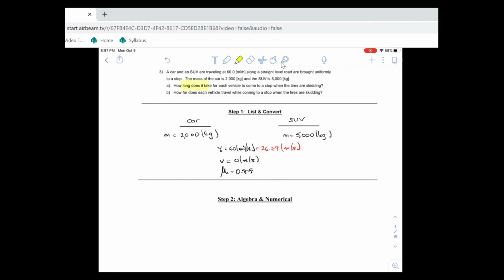This is time, and this is how far. For both of them, A is going to be the distance in terms of meters and maybe feet. B is the time. Okay, so I've got everything listed, I think.